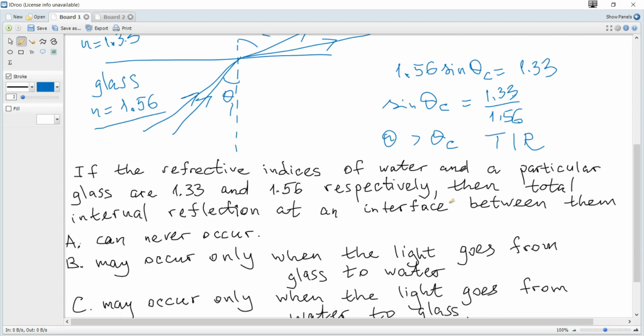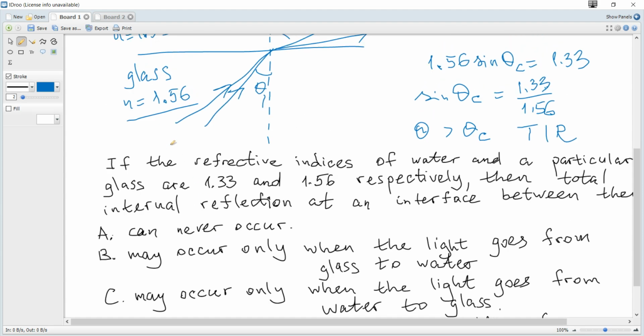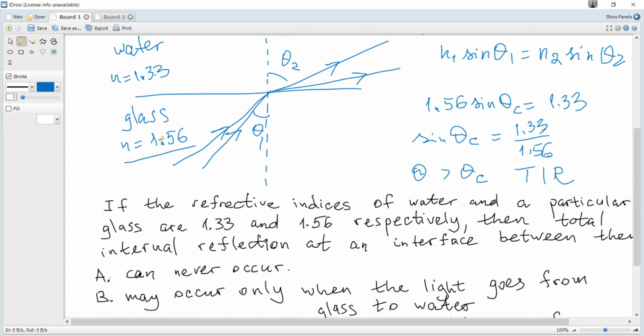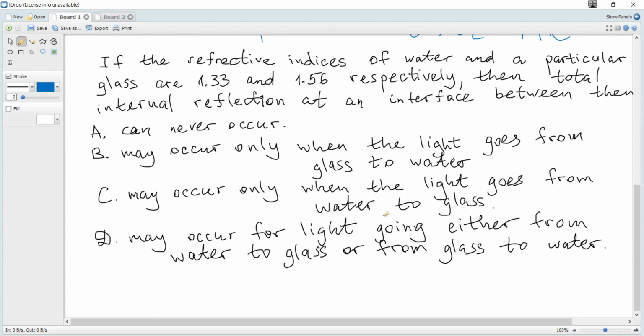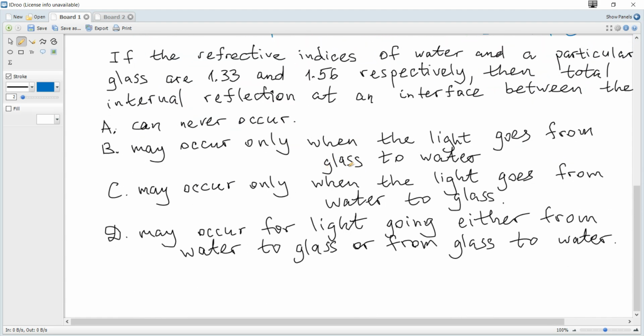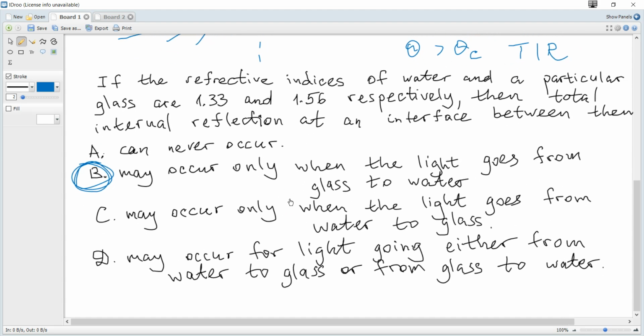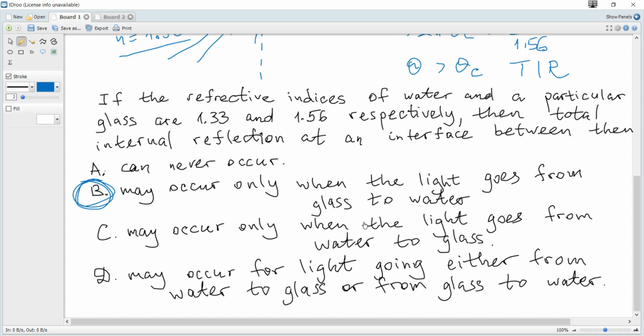Total internal reflection can occur only when a ray is moving from a medium with larger refractive index to a medium with smaller. So here, when is a ray moving from what? From glass to water. Glass to water, it's B. The question is when total internal reflection may occur at an interface between them, and it may occur only when the light goes from glass to water.